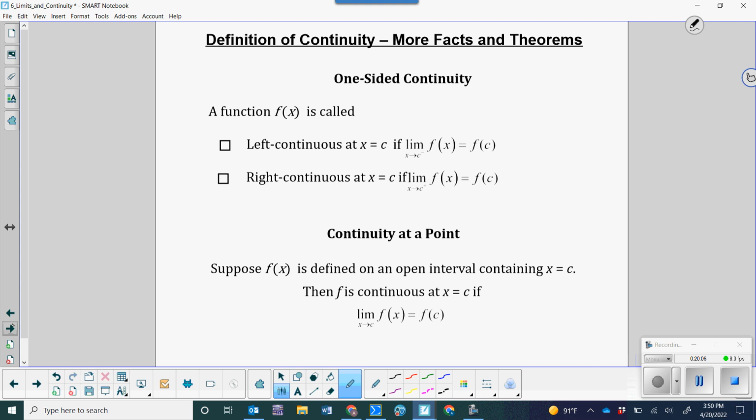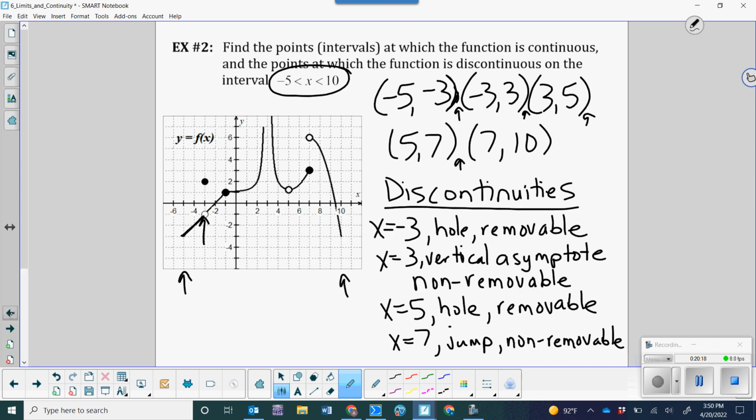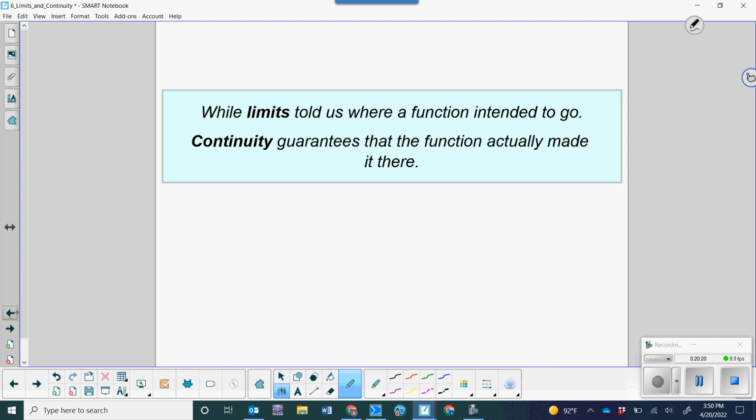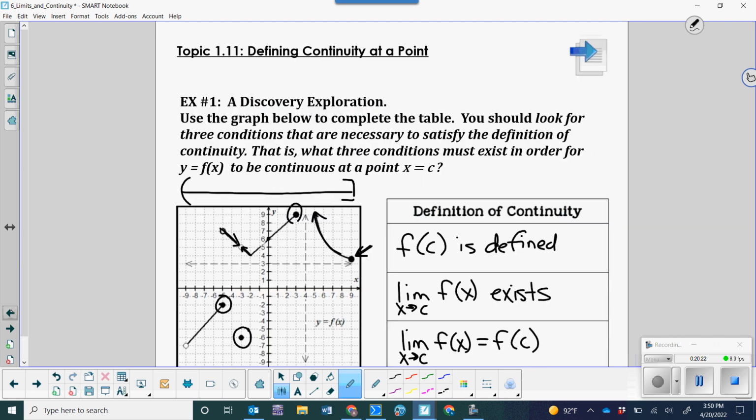Okay, one-sided discontinuity, or continuity. This is what we would talk about for an endpoint. For example, if we go back to this endpoint on this first graph, where we were talking about it being continuous, and I put an asterisk. Well, it is what we would call left continuous, meaning it's continuous from the left.